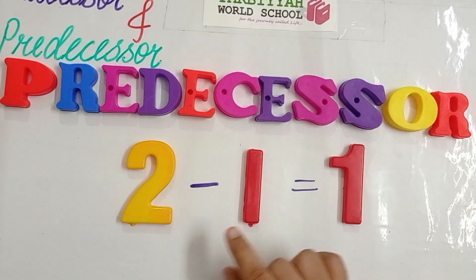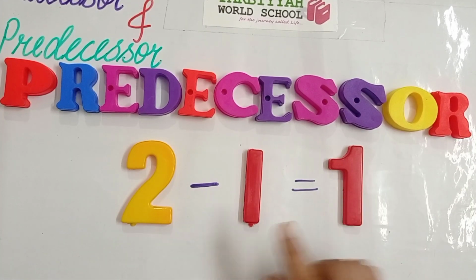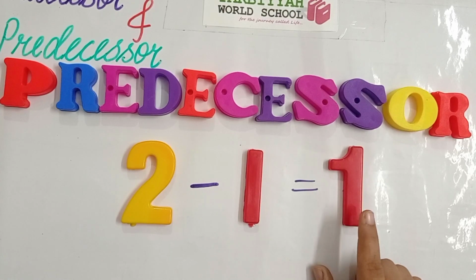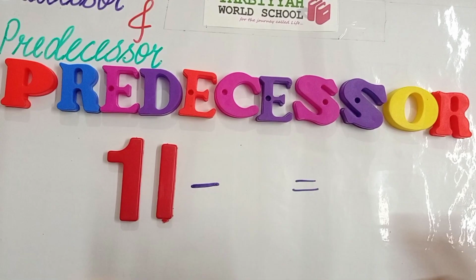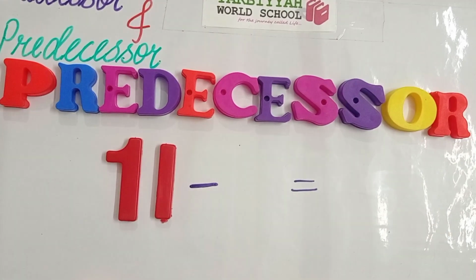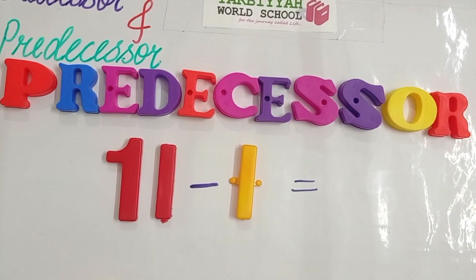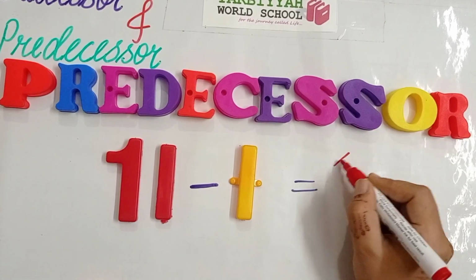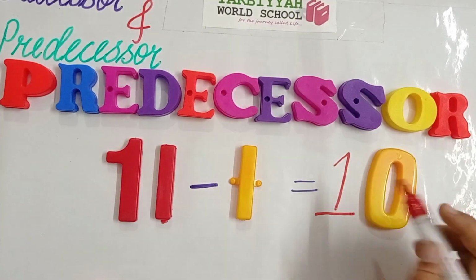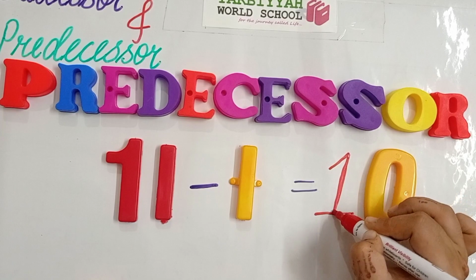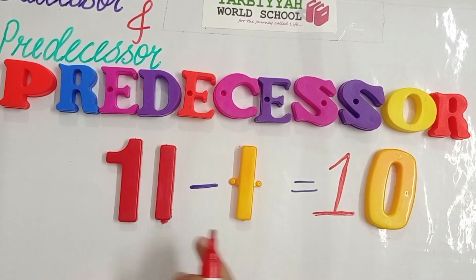Now the predecessor of 11: we subtract 1, then we get 10. The predecessor of 11 is 10, because we just subtract 1 from a number.